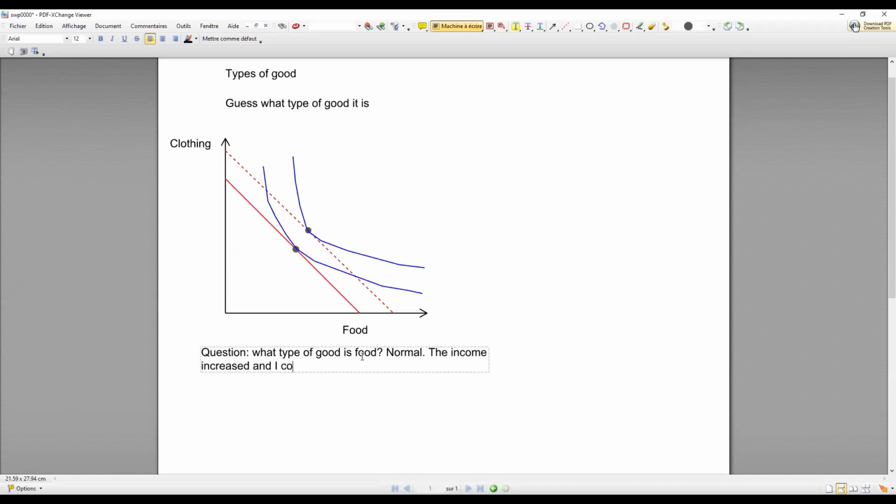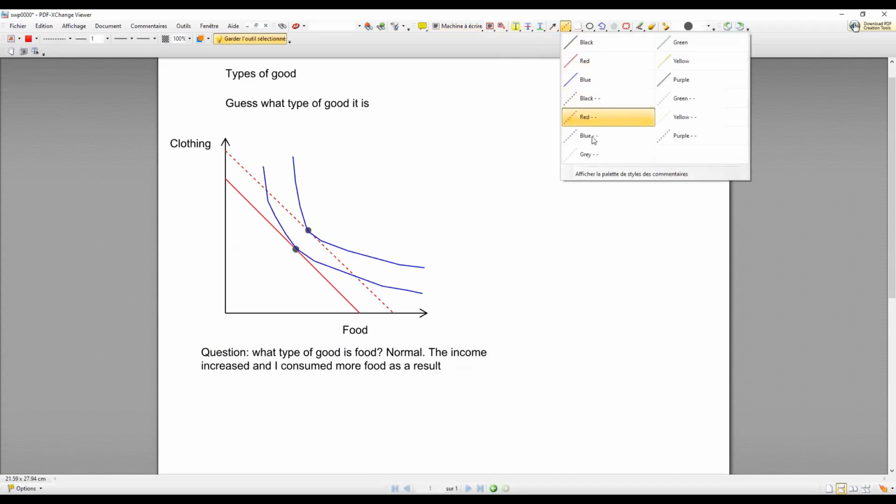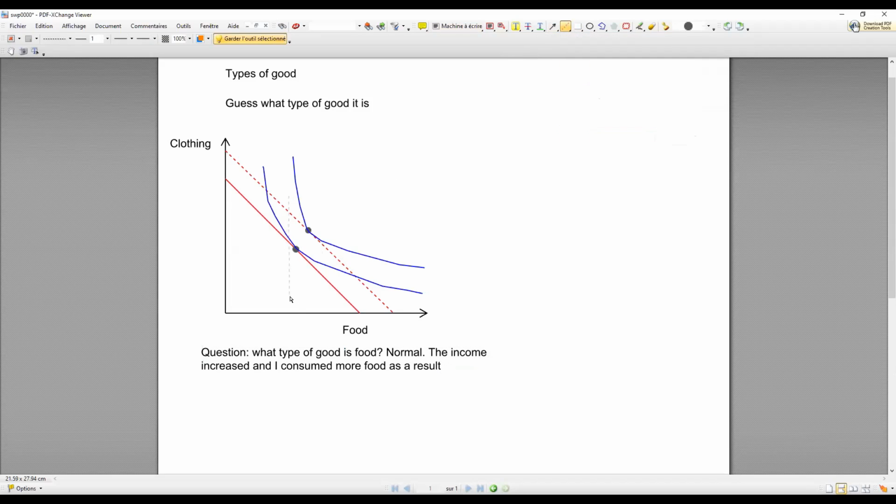And I consume more food as a result. Because you see the quantity of food consumed went from this amount there to that amount there.